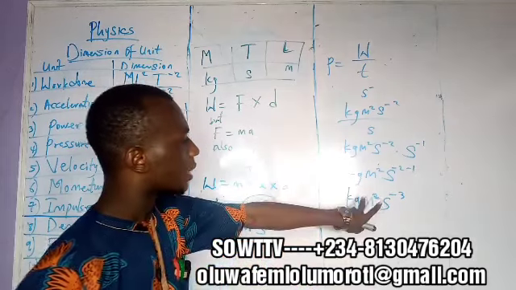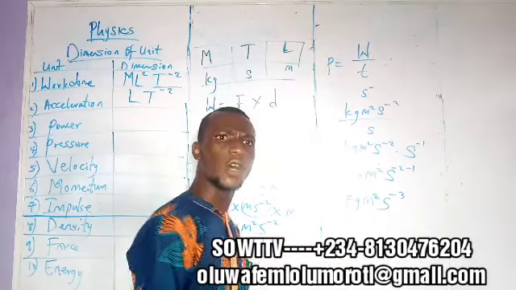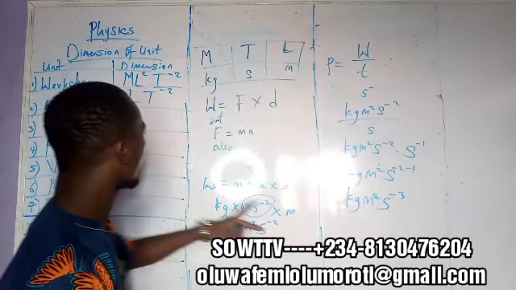So everything gives us kg m^2 s^-3, that is kg m squared raised to power minus 3.